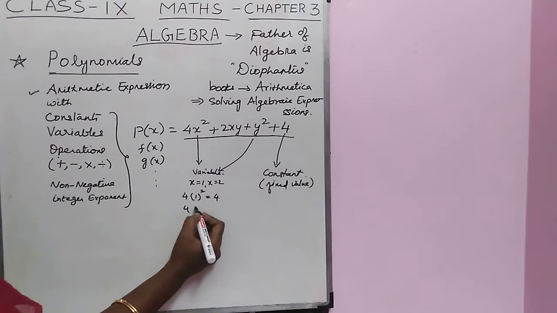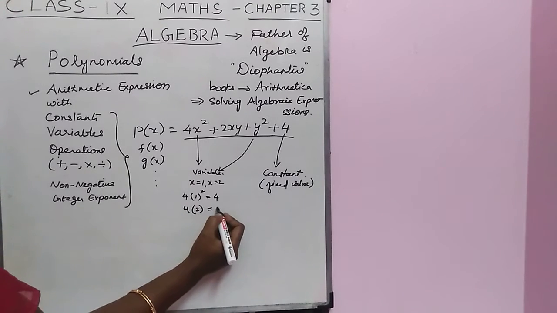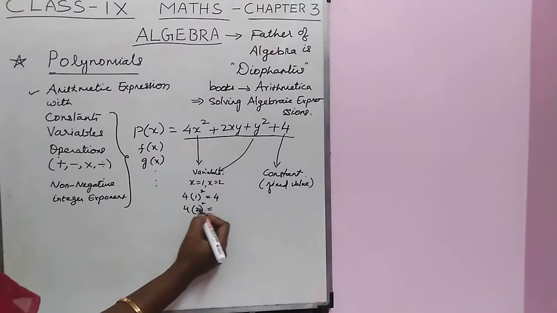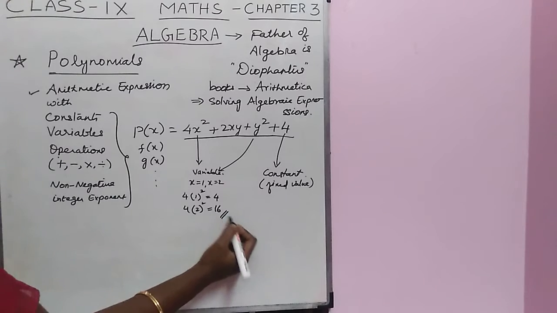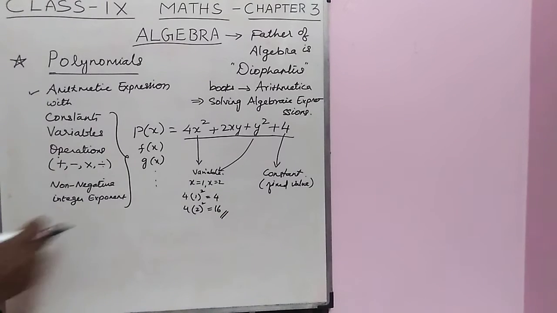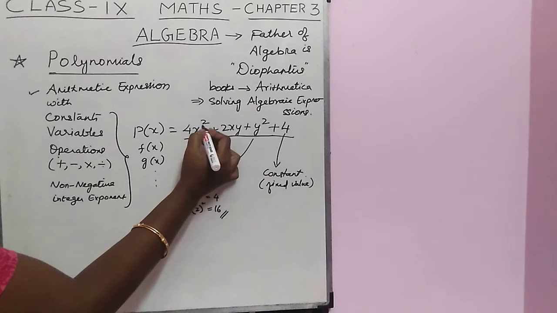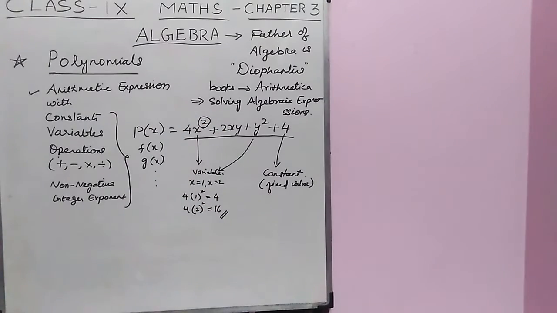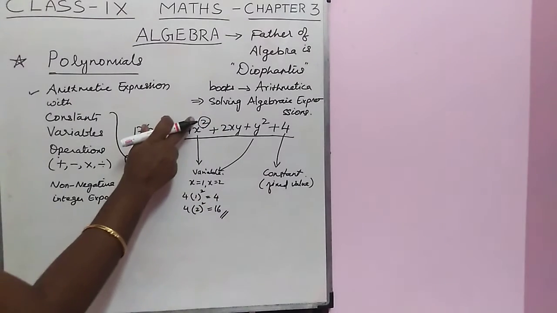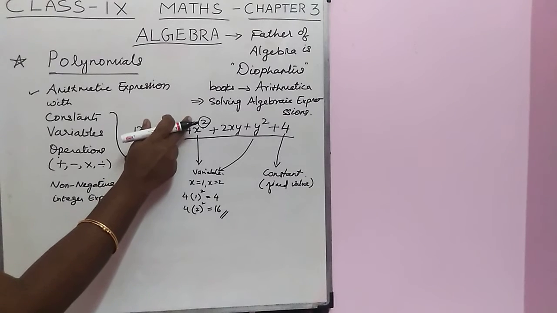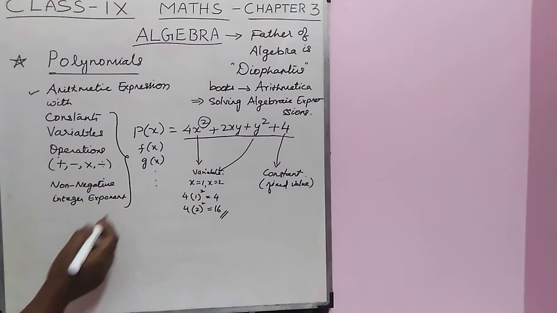And if you put 2 instead of x, the value will be 2 square, which is 4, and 4 into 4 is 16. So the value changes, hence it is called a variable, varying values. And the non-negative integer exponent is this value. It should always be a non-negative integer exponent.